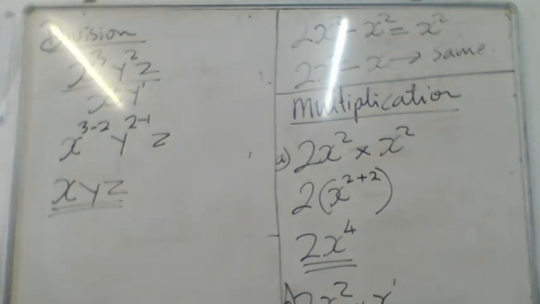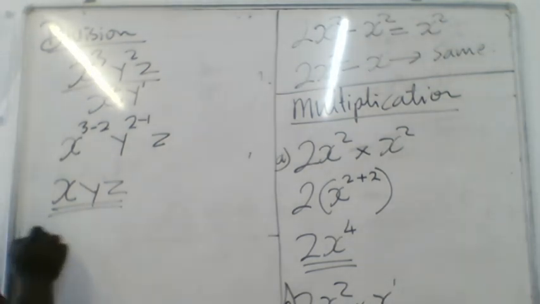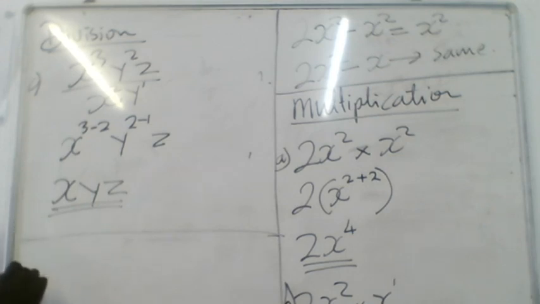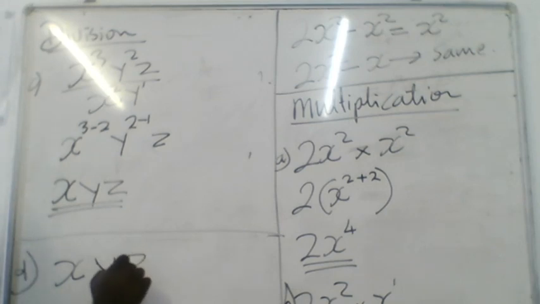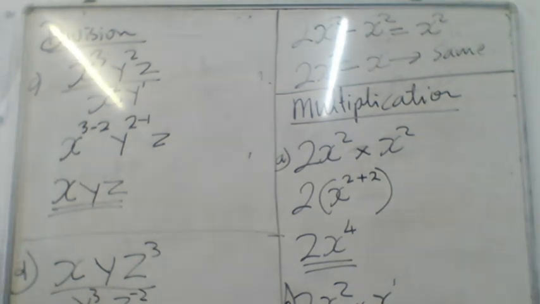Another example, I might say, x y z cubed over y cubed z to the minus 2.